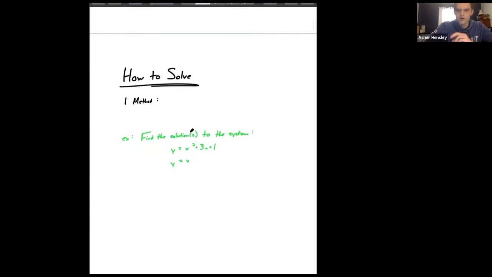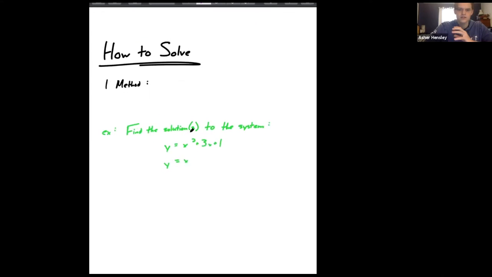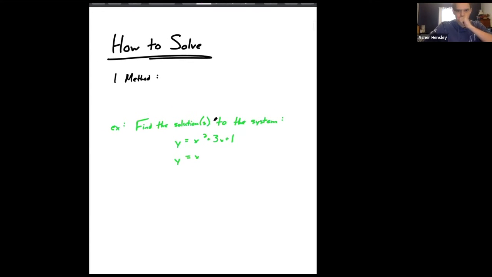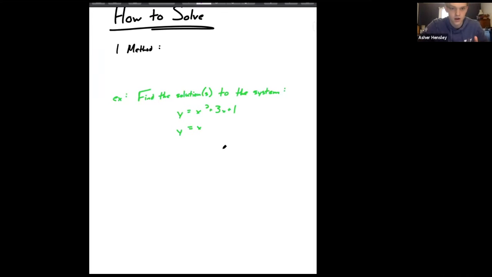That being said, whenever you're given a system of equations like this, the method that we typically prescribe is substitution. So over here, you see you have a y here, and you have a y here. So that means we're just going to substitute, right? So you got x equals x squared plus 3x plus 1.